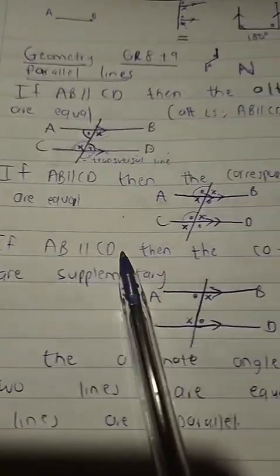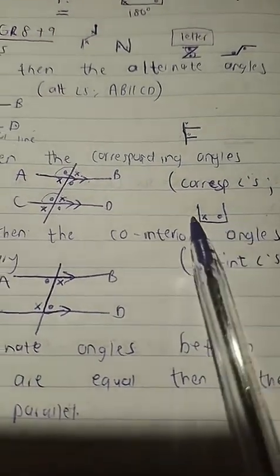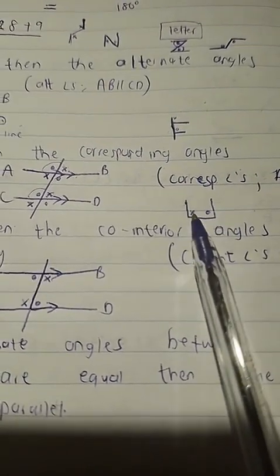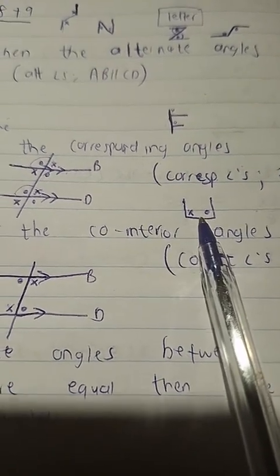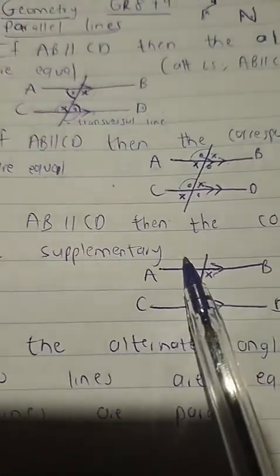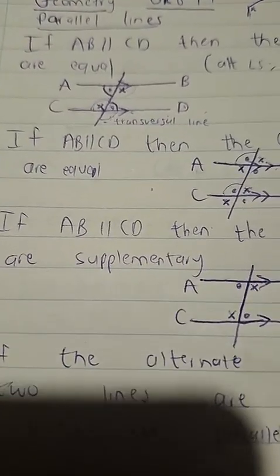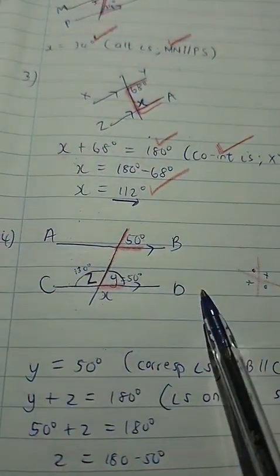If the lines are parallel, then the co-interior angles, meaning the angles formed by the U-shape, the armpit angles, the makwapa angles, are what? Are supplementary. In other words, they add up to 180 degrees. So these three distinct relationships you need to understand well, right?